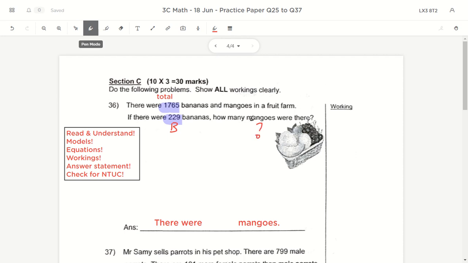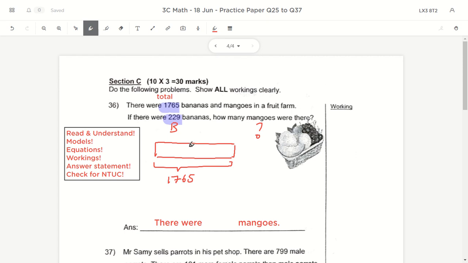So you want to find mangoes. There are 2 fruits here. One is banana, one is mango. We don't know which one is more, which one is less. So maybe we should use a part-whole model instead. Let's erase this. They are not asking you to compare anything, so we should use a part-whole model. This is the total, 1,765.